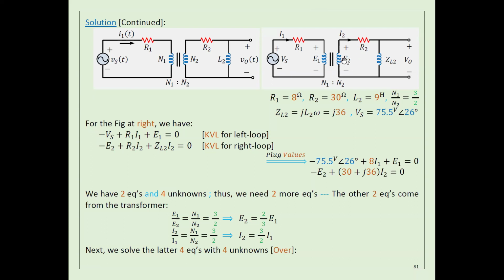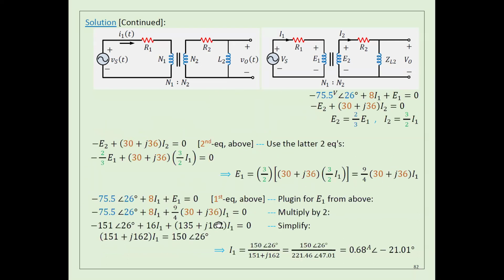But it's easy: you can replace E2 by E1 this way, and I2 by I1 this way. So now I have two equations in E1 and I1. This is the first one, this is the second. After that you can solve these equations and find I1.